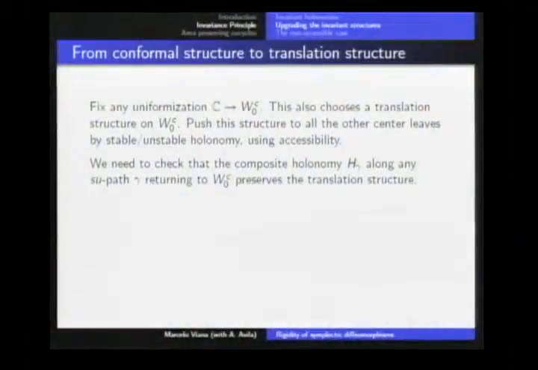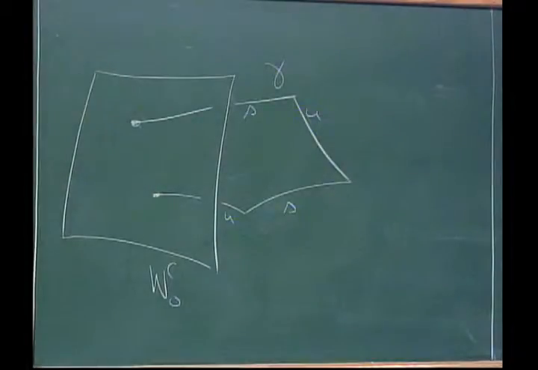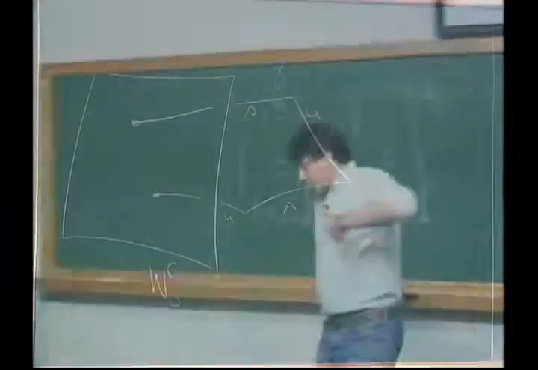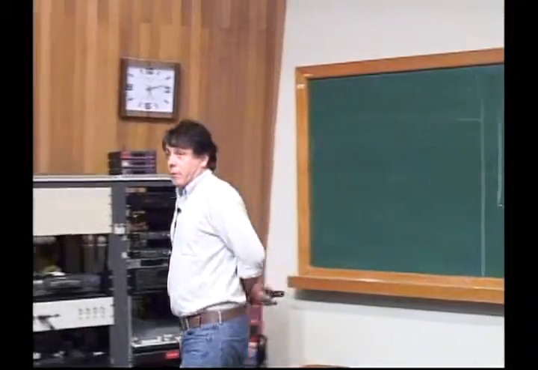So to show that you can do this pushing around, we have to check that if we take an SU path gamma that happens to come back to the center leaf through the fixed point 0, the composition of the holonomy maps preserves the translation structure. In other words, that it is a translation.